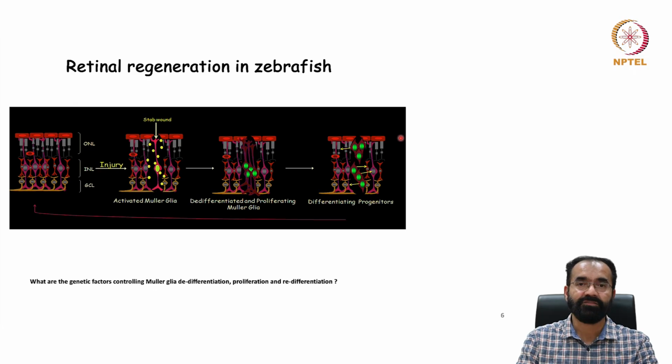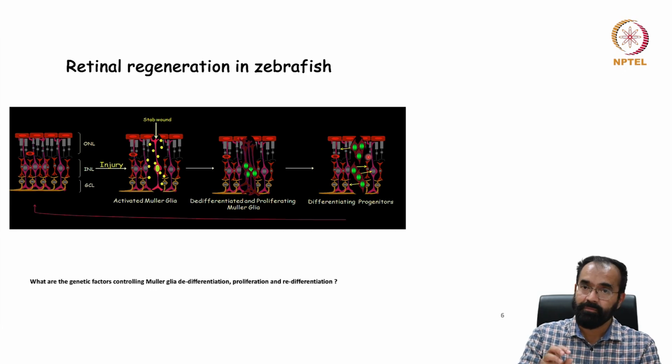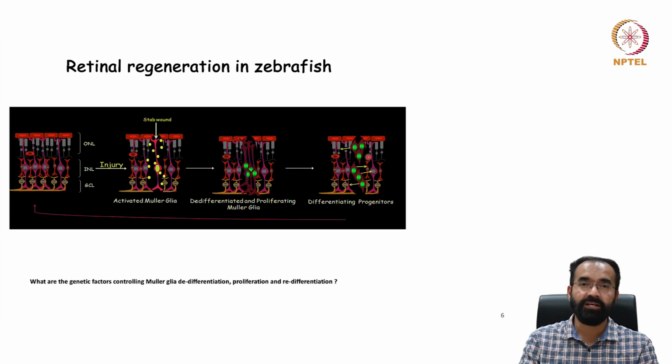And when they migrate into the outer nuclear, inner nuclear, and ganglion cell layers, they will now give rise to retinal neurons and the Muller glia itself, what is present in the eye. So whatever lost cell type will be restored, and after this migration, you restore back the normalcy. How long does it take? It roughly takes around 2 to 3 weeks.